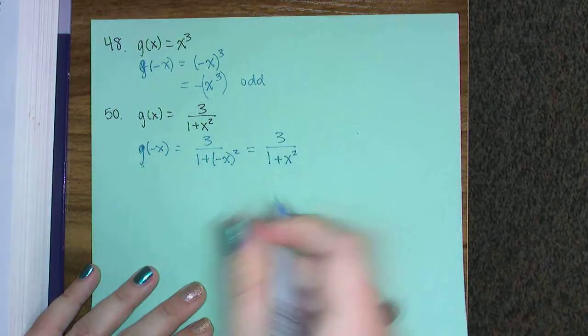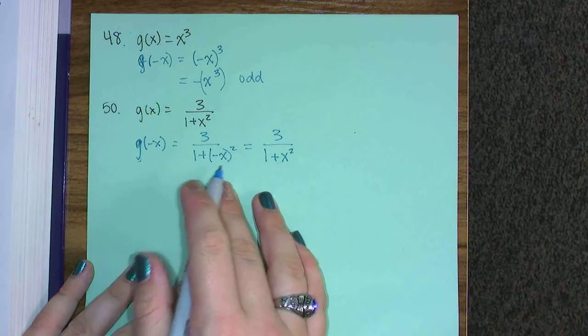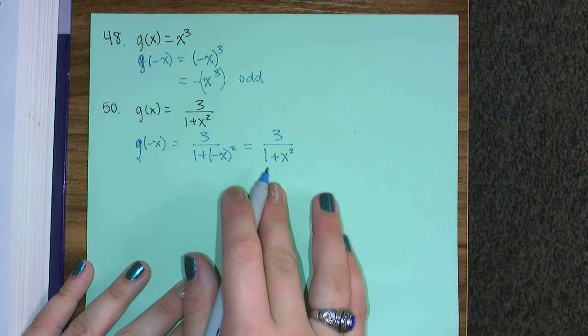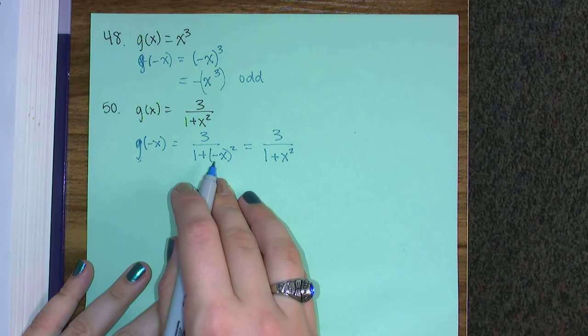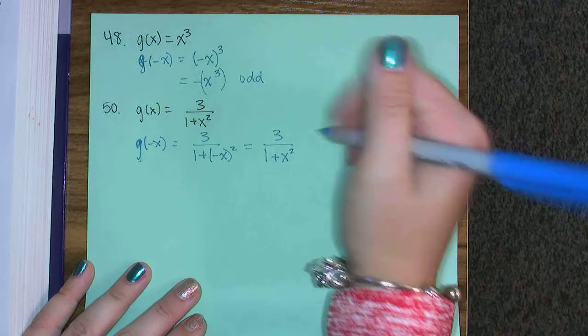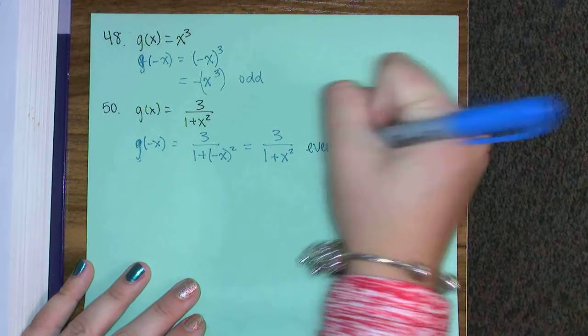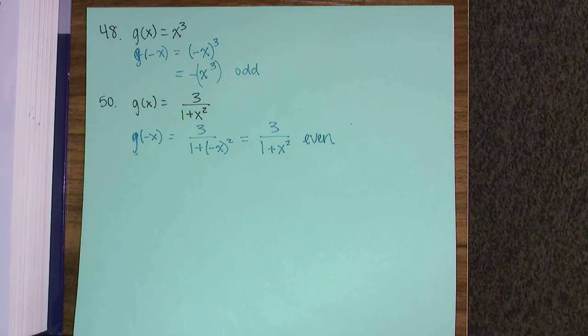Because squaring that negative sign, it becomes positive. So now, because this whole thing basically went back to what it was before I put the negative sign in, it's essentially what you're looking for, it's even.